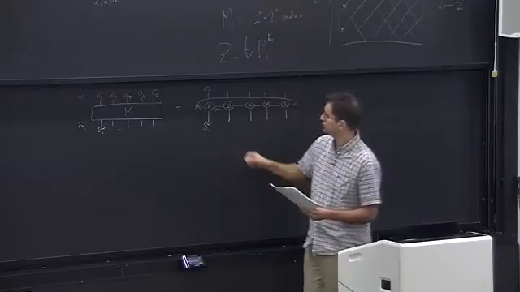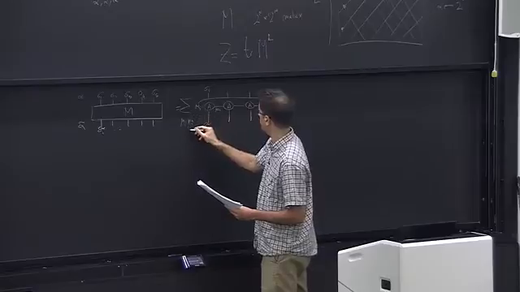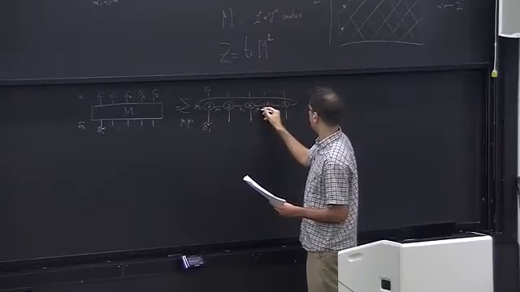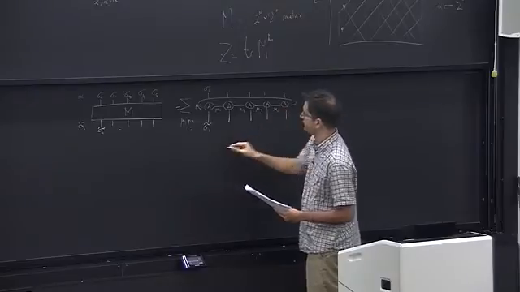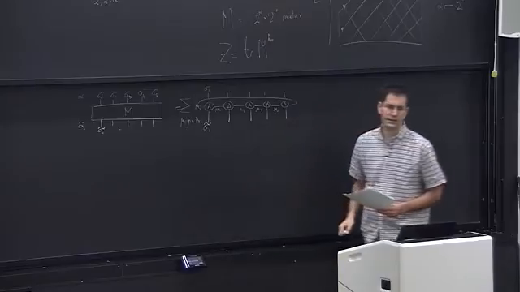Okay? So it's going to be a sum over mu 1, mu 2, mu 3, mu 4, mu 5 of a structure like this.